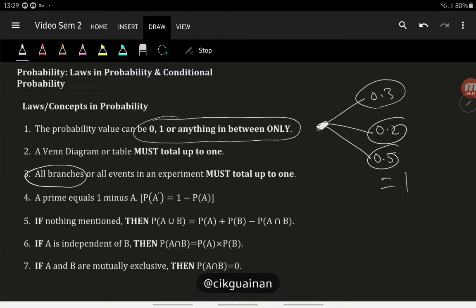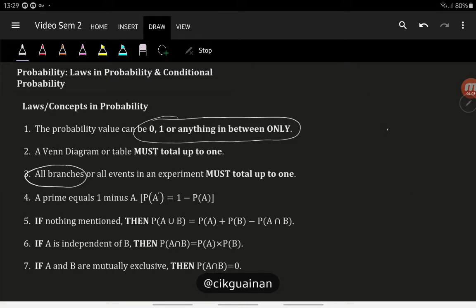Next, A prime equals 1 minus A. Sorry, this is not A prime, this is A, the event. Maybe I should use B. B prime equals 1 minus B. This is the symbol.